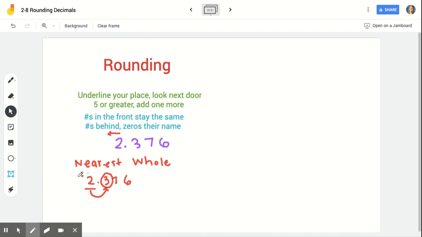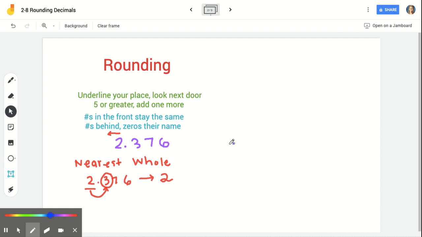So 2 is going to stay the same since the number next door is not 5 or more. It's less than 5. So to the nearest whole number, estimated is 2.